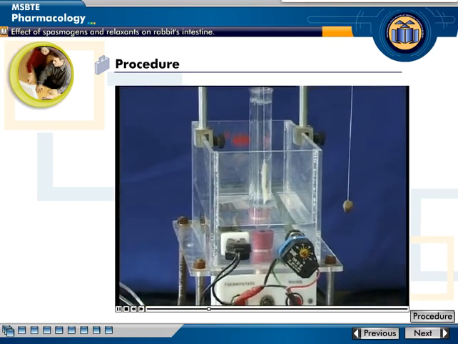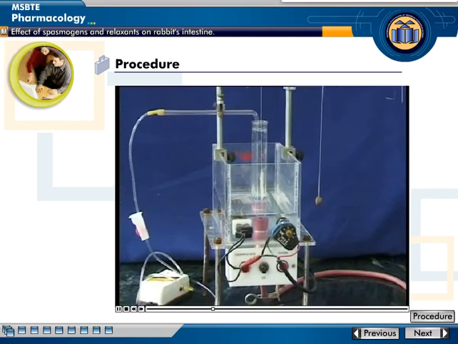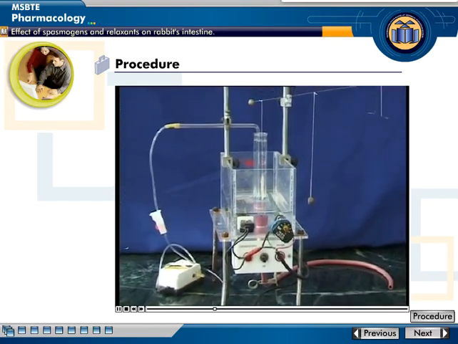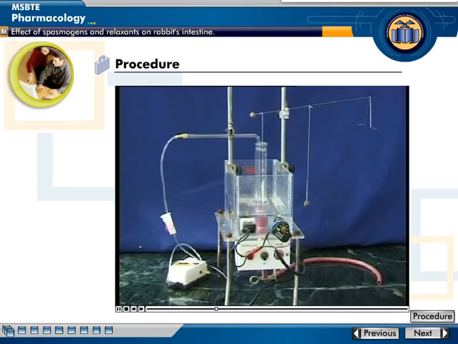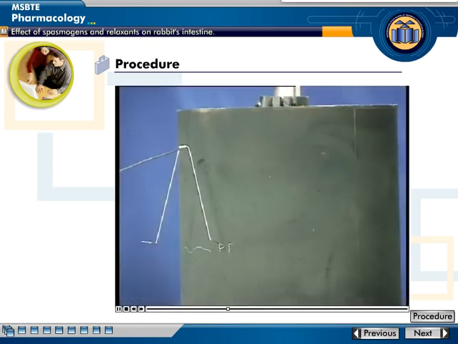Now stabilize the muscle preparation for 30 minutes under a tension of 0.5 to 1 gram. During stabilization, wash it with fresh quantity of Tyrode solution at least 4 times. Now start the drum.